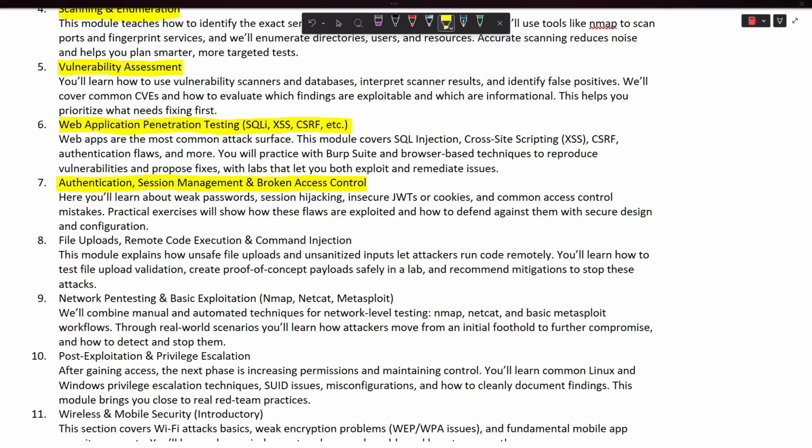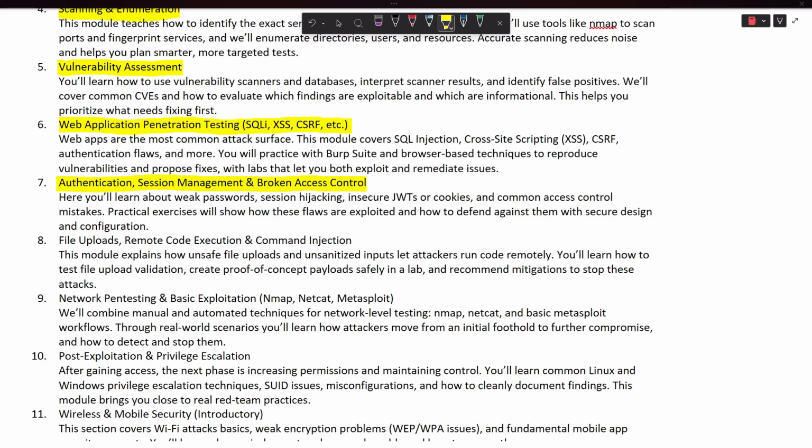Currently, no one has the ability to automate those things with automation tools. Simple as that. Okay, so we will be learning about weak passwords, session hijacking, insecure JWT tokens. We will be learning about cookies and common access control mistakes. We will be practicing so many things in the lab.